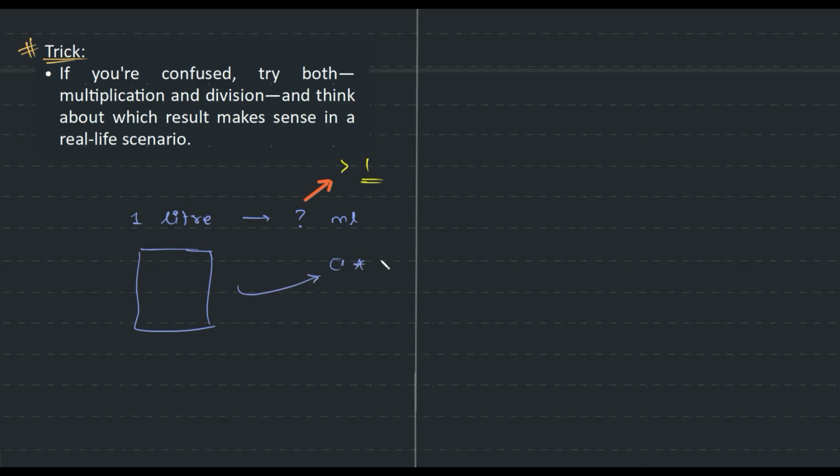So this is multiplication with some number, and that number we will think about. It's always greater than 1.